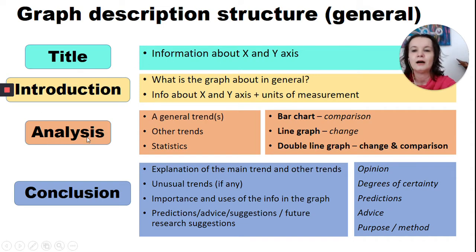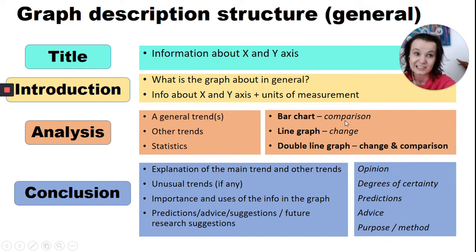Then the main part of the description is analysis, and that's where the difference is when we talk about a bar chart, a line graph, and a double line graph. So apart from a general trend and other trends, you need to include specific language structures. When you describe a bar chart, you make a comparison.